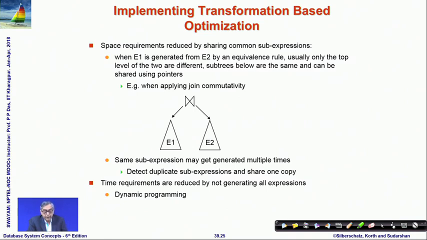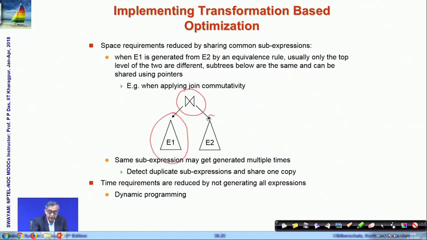Now, one way to do that is, for example, if we are looking at the join of 2 relations E1 and E2 here, then obviously, if we do certain transformations with this join, that does not change the way E1 and E2 are actually evaluated. If that is the case, then in generating the alternates, we do not really need to keep or evaluate the whole of the expression in every alternate.